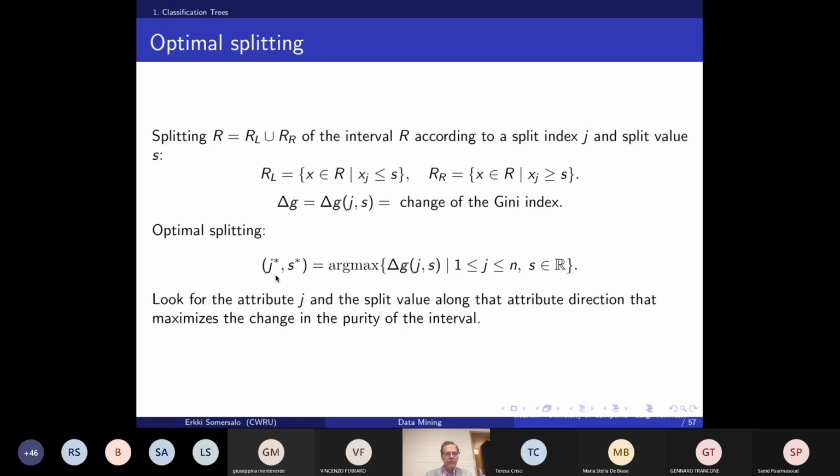It could be. How we are doing it here is simply an exhaustive search. And I will come back to this later. If your data set is large, this may not be the optimal way to do that. But let me explain how you do it if you have a moderate size data set.